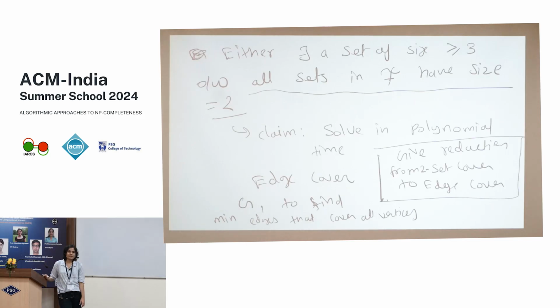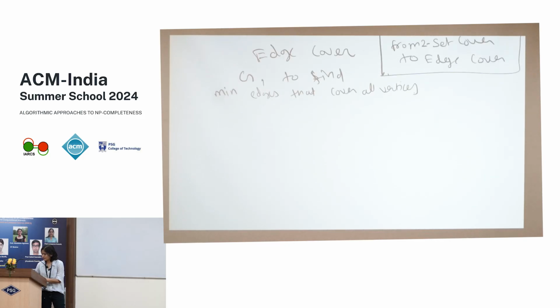Okay, so this is what you have to do. So either I have set sizes 1, then I am dealing with them in polynomial time. Otherwise I have only set sizes 2, then I will deal with it by using the edge cover problem. Think about how you will do it and then we can discuss later as well. Okay? Okay, so if I don't have any of these 2 conditions, then what do I have?